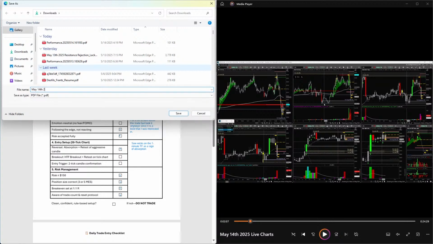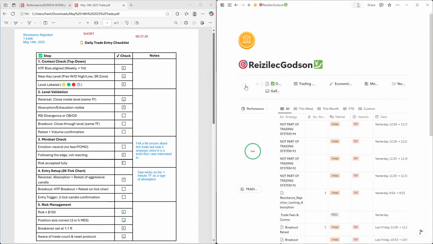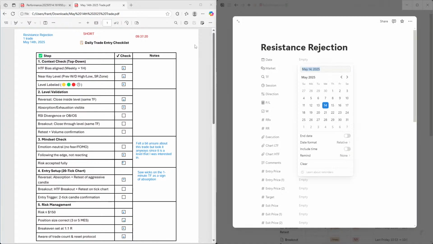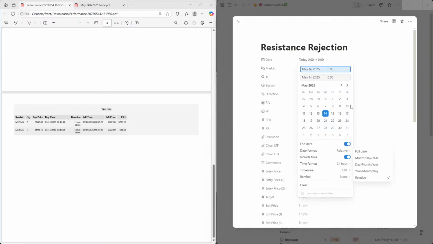May 14th, 2025 trade. And go here, let's add it. This was a resistance rejection. 9.7. 9.49.